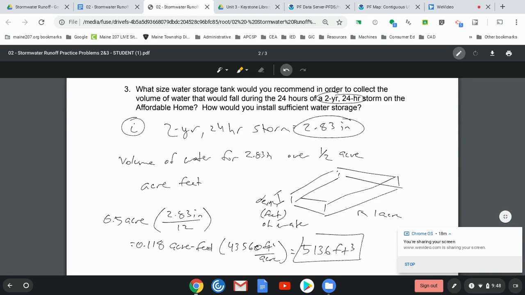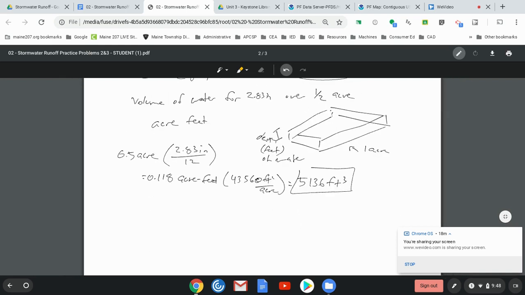So we need something that will accommodate this amount of water.